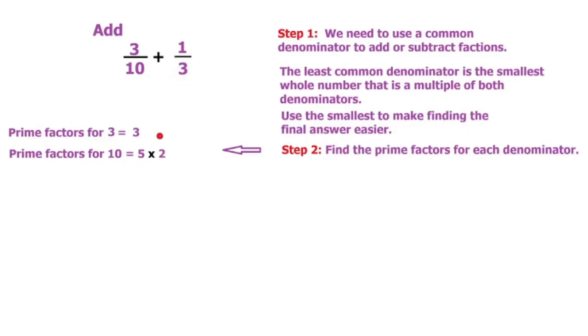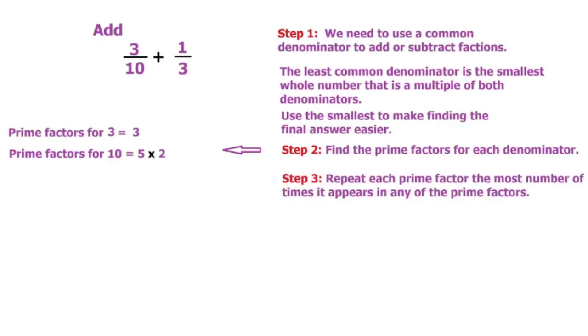So 3 is divisible by itself, or 1, so it only has one prime factor, which is 3. The prime factors for 10 are 5 and 2, because 10 can be broken down into 5 times 2, right? So those are the prime factors for 10.